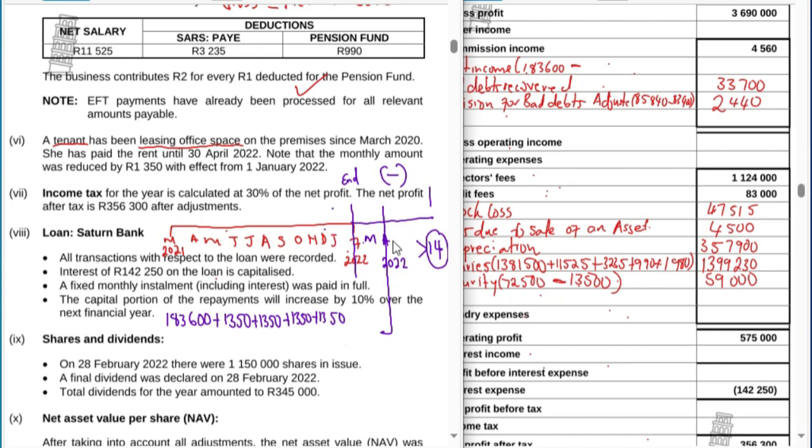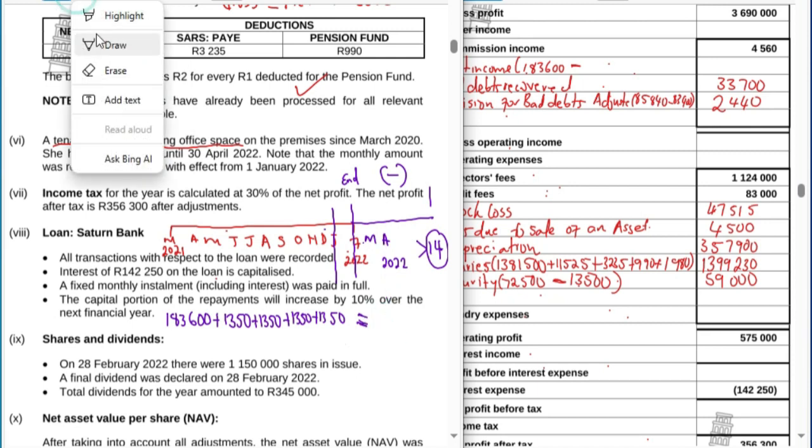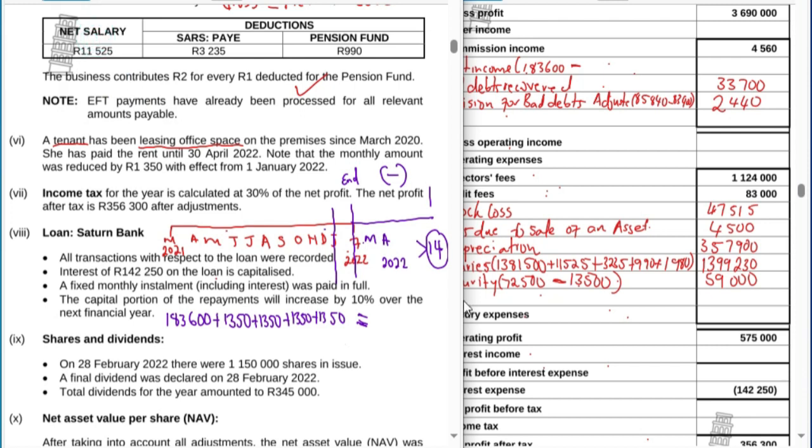That was a decrease for 4 months. Then we add those decreases so that we can see how much we were paying each and every month before the decrease. And then the whole amount will be what?